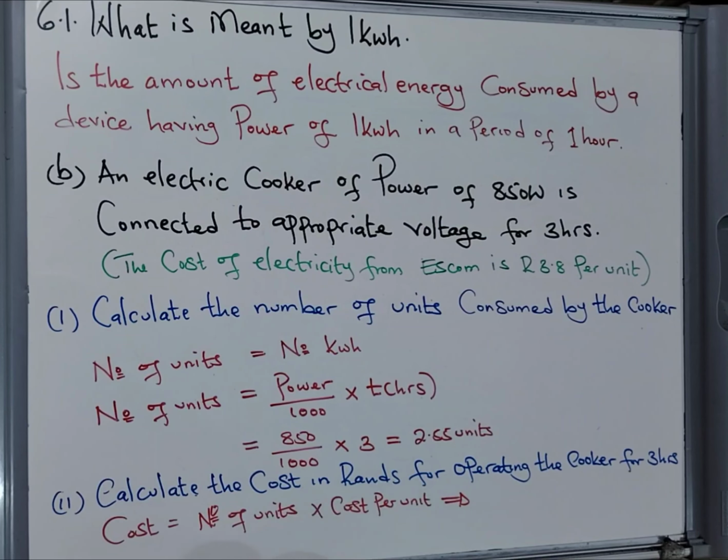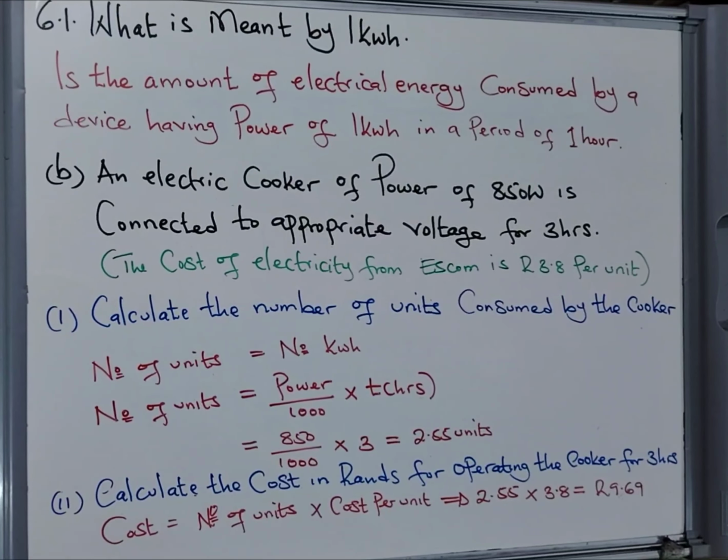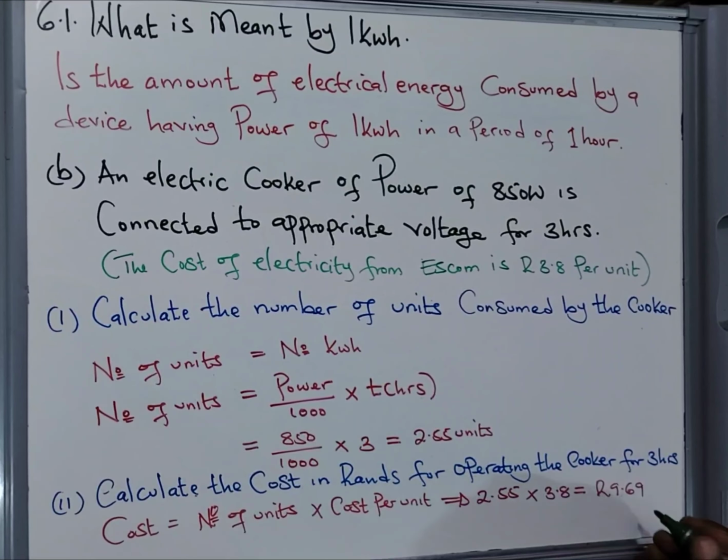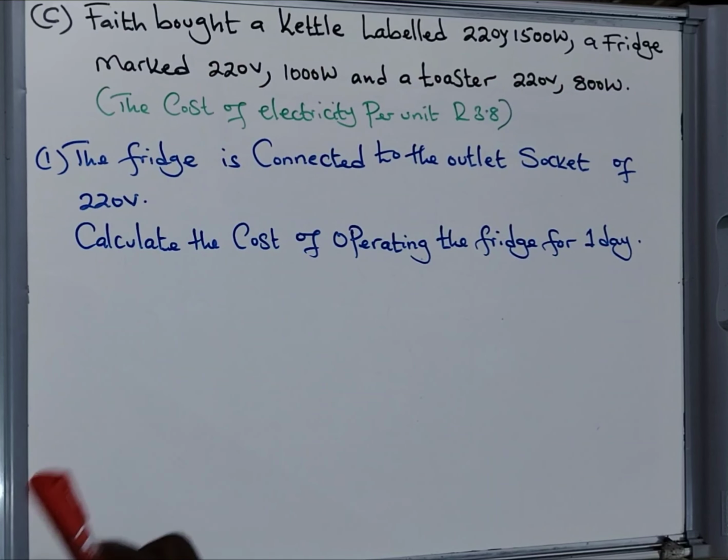This one gives you 2.55 as the number of units and 3.8 as the cost per unit. We get our answer as 9.69 rands.